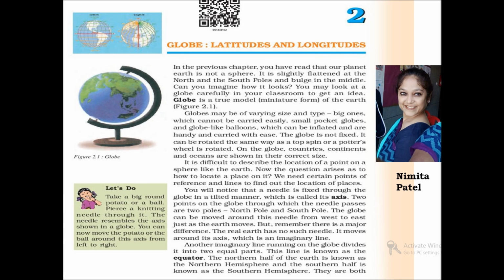Similarly, all parallels south of the equator are called south latitudes. The value of each latitude is followed by the word north or south. For example, Chandrapur in Maharashtra is situated at 20 degree north latitude and Belo in Brazil is located at 20 degree south latitude.